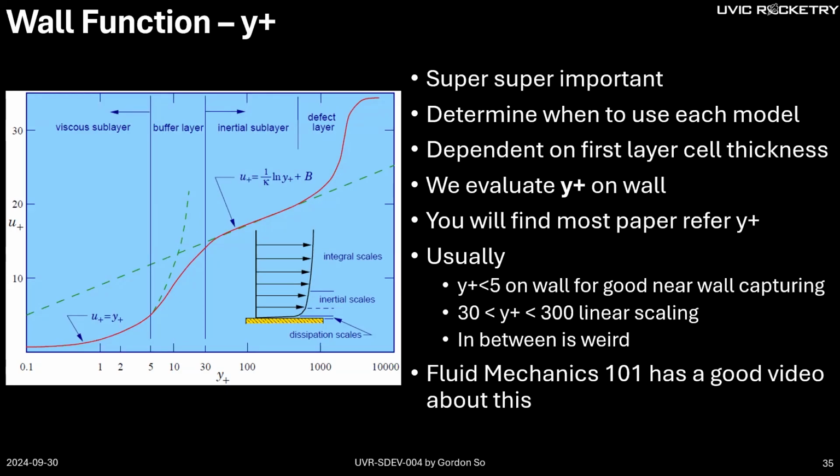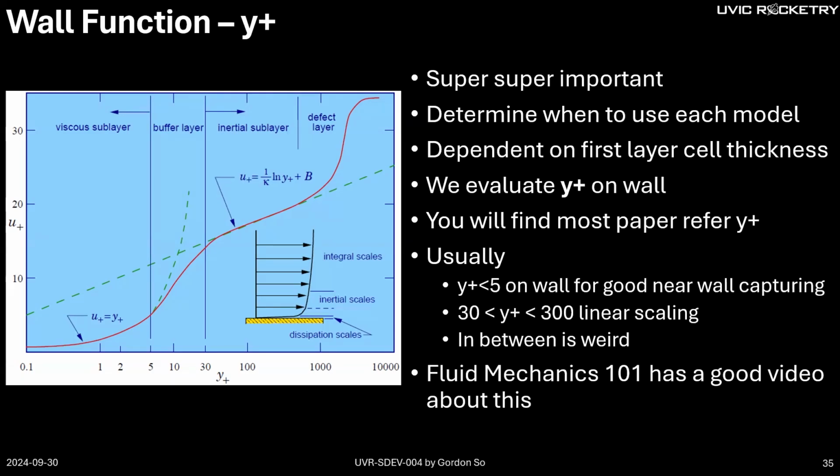And this graph is a good graph to describe the requirements. There are certain thresholds for a model. So this is the model itself, and this is how the actual flow will behave. You can see for this range, you need a certain value of y plus to use this model, and you need a certain value to use another linear model.